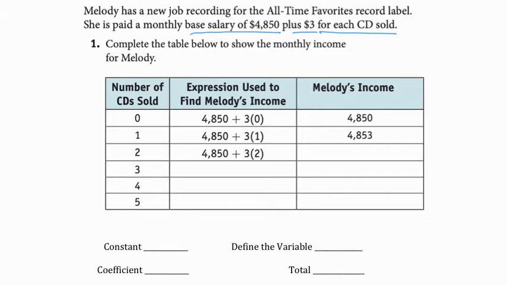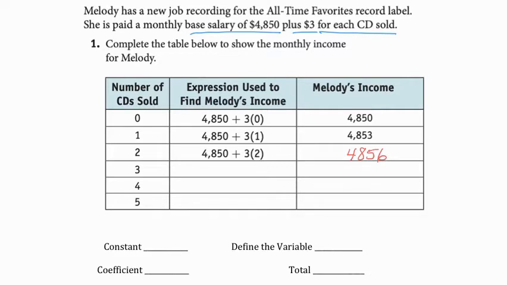For the next one, if she sold one CD, well, that's her base salary, that's a given, plus $3 times one CD. That turns into $4,853. Two CDs, base salary, $3 times two CDs. That is a total salary of $4,856 this time. So hopefully you can follow that pattern.